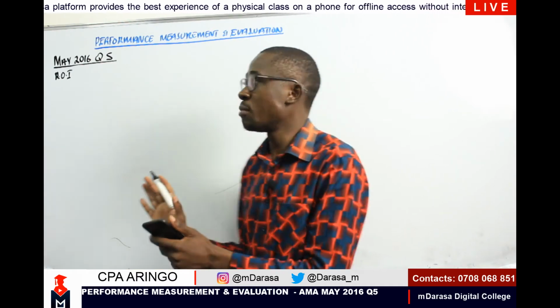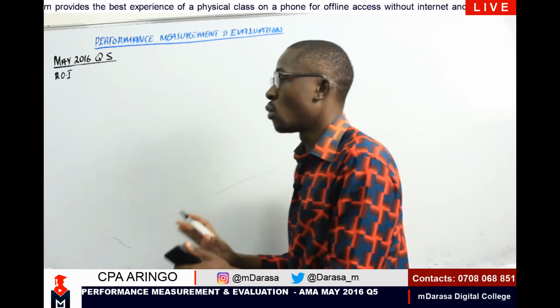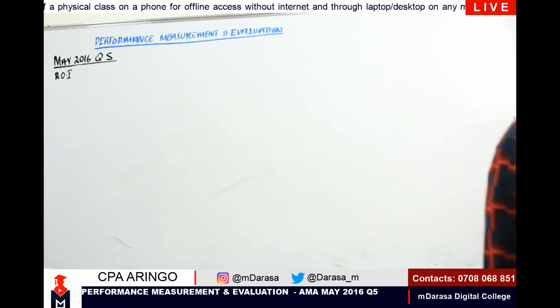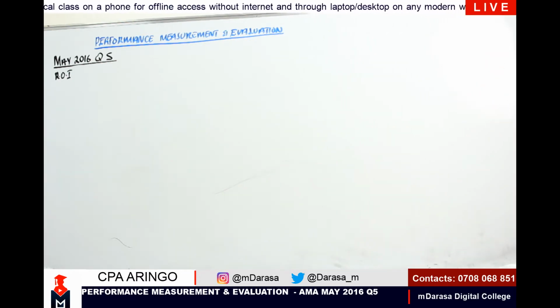Ideally, because you're dealing with divisions, we normally tend to look at divisional profits expressed in form of what? Net assets.